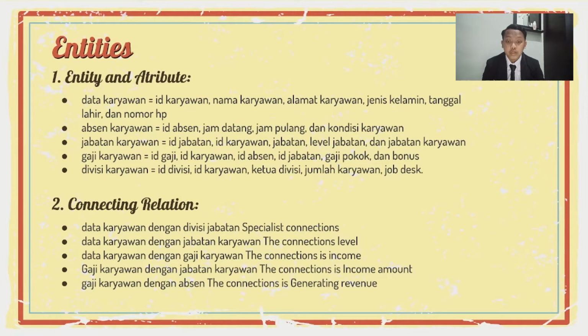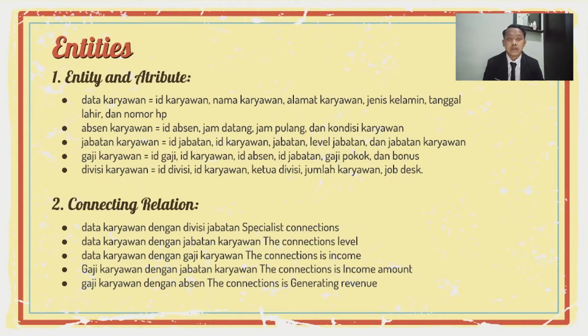Next, gaji karyawan. There is ID gaji, ID karyawan, ID absen, ID jabatan, gaji pokok, dan bonus. And the last is divisi karyawan, which has ID divisi, ID karyawan, ketua divisi, jumlah karyawan, dan job desk.